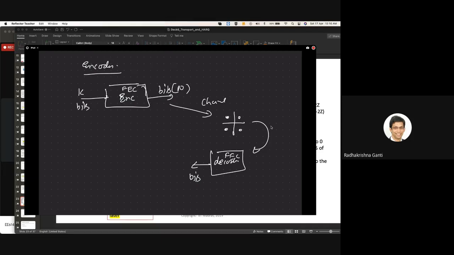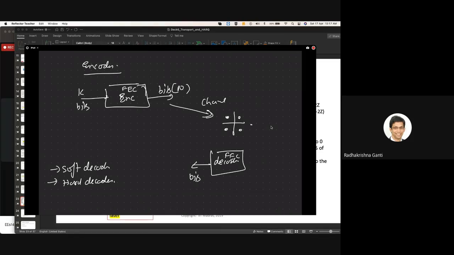Okay. So there are 2 types of decoders. One is called the soft decoder. Another is called the hard decoder. What is meant by a hard decoder? You do your channel estimation, your equalization and other things.